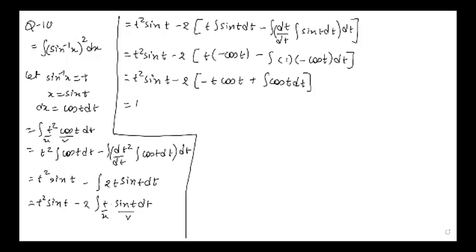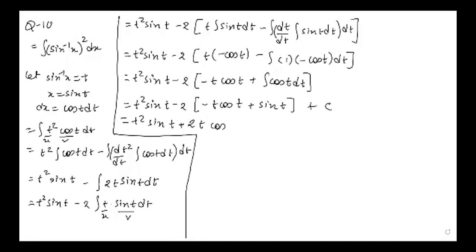So integration of cos is sin t plus c. If I multiply minus 2 inside, then minus minus plus, 2t cos t minus 2 sin t plus c.